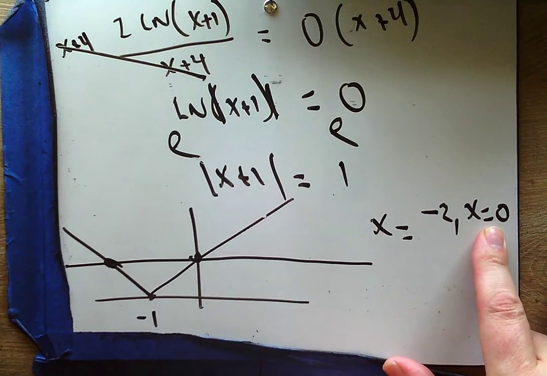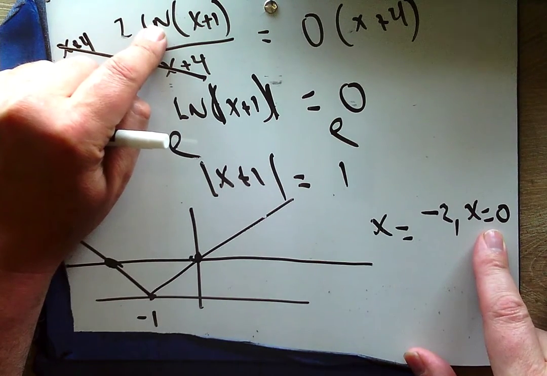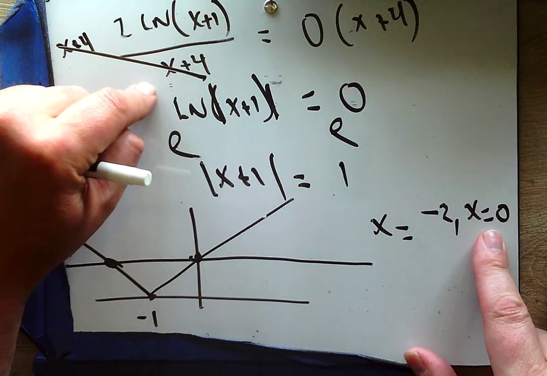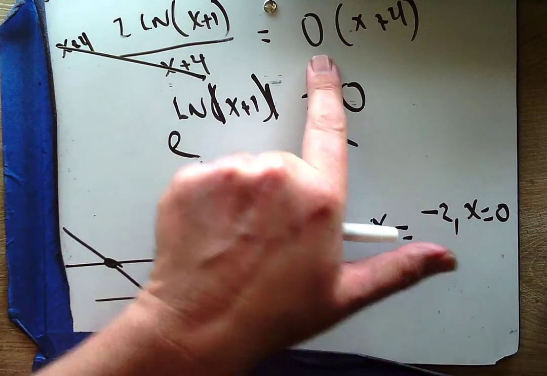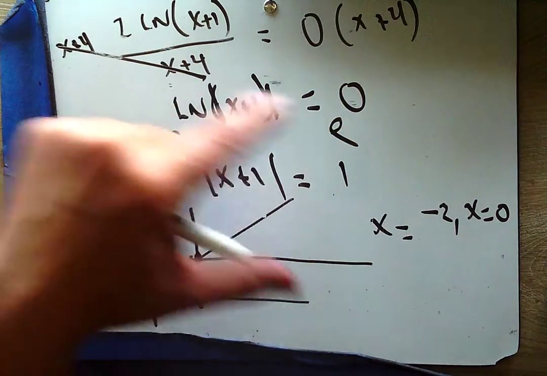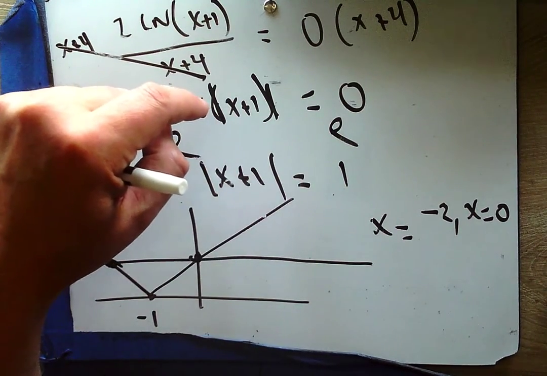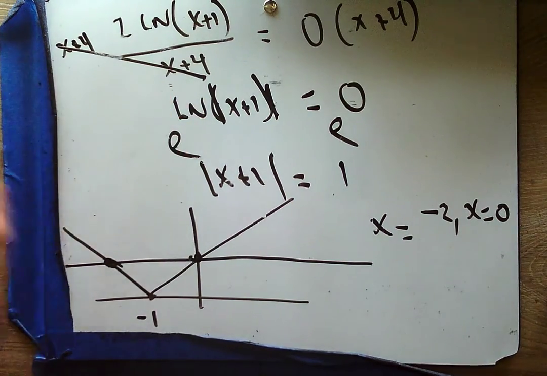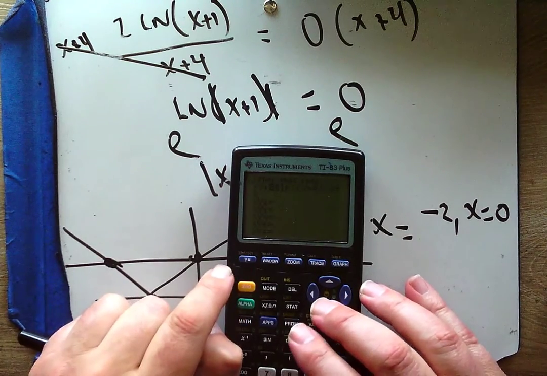If I go back to the original problem, I can put a 0 in. Why wouldn't that work? It's not undefined. 2 ln times 1 over stuff. Multiply both sides. I want to know when the derivative is 0. Those cancel. Oh, well, that's very interesting. So I'm going to go here and type in deriv.